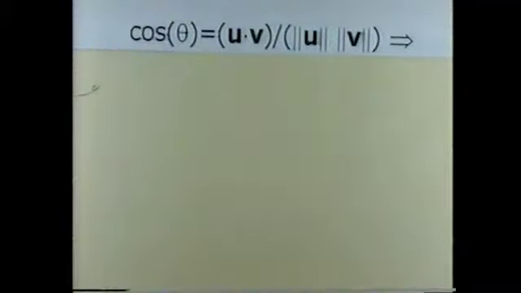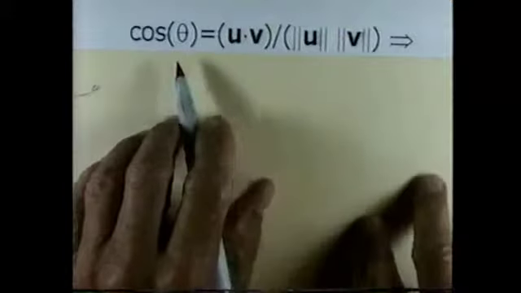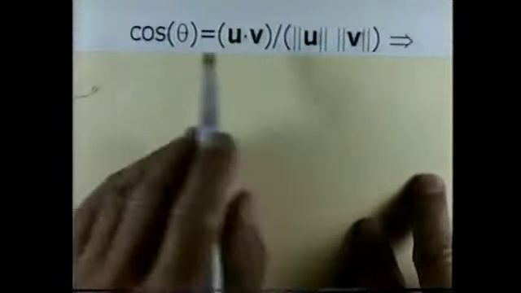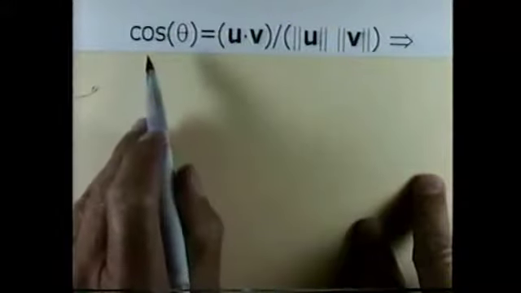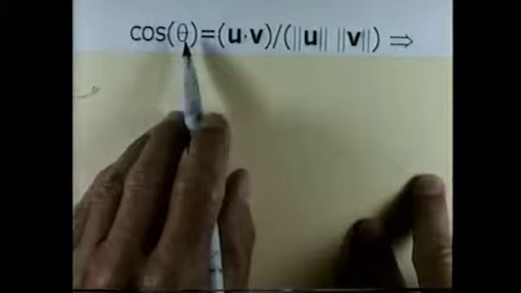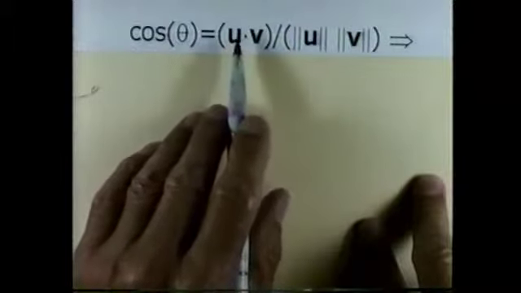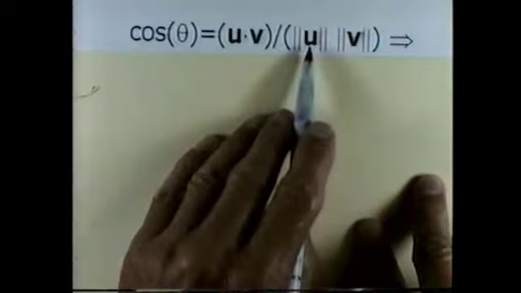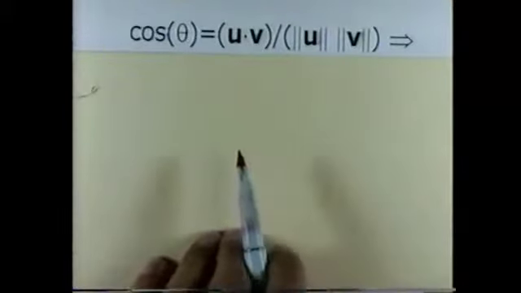Now let's back up to a fact that we used to find the angle between two vectors u and v. We had that cosine theta, where theta is the angle between the vectors, was equal to u dot v divided by the magnitude of u times the magnitude of v. Let's multiply both sides to clear fractions.